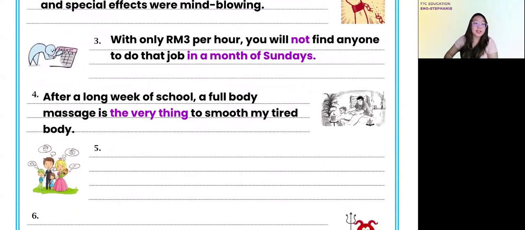Okay, so in case you are someone that really likes massage and you feel extremely exhausted, sometimes you just need a relaxed moment. Maybe you would like to go for a body massage. Okay, it's the very thing, the exact thing that you need.